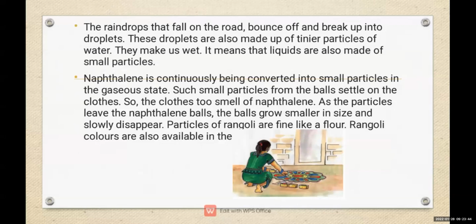Take raindrops. Not only one raindrop is there; so many raindrops fall. A raindrop that falls on the road bounces off and breaks up into droplets. If you drop a big drop of water down, you will see how it breaks up and spreads into small droplets, and they splash and fly onto us.